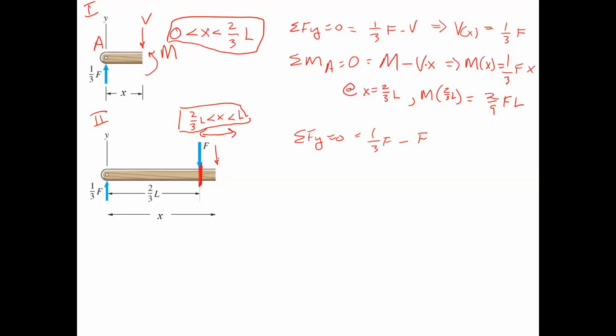We've still got our V here and our M here in the same direction because we're looking at a left side section. So we then subtract V as well, because that's pointing down as well, right? Therefore, in this domain, V of x is going to equal 1/3 F minus F. It's going to be minus 2/3 F.